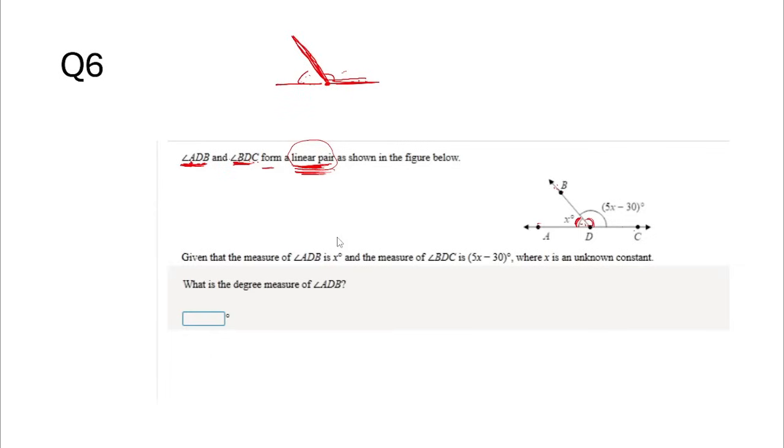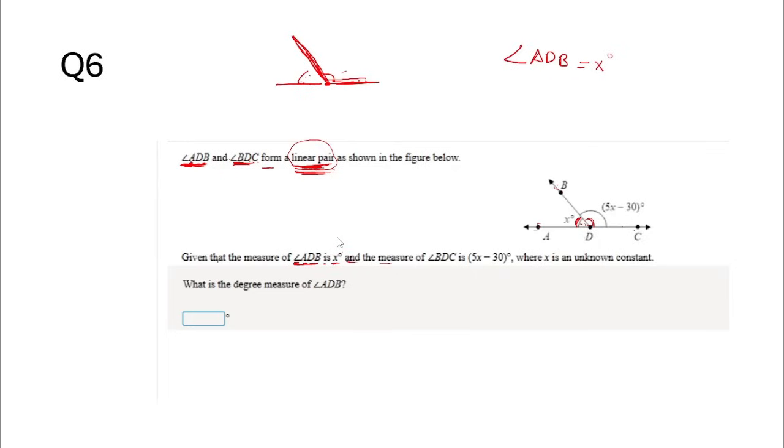Now, given that the measure of angle ADB is x degrees, so angle ADB equals x degrees.